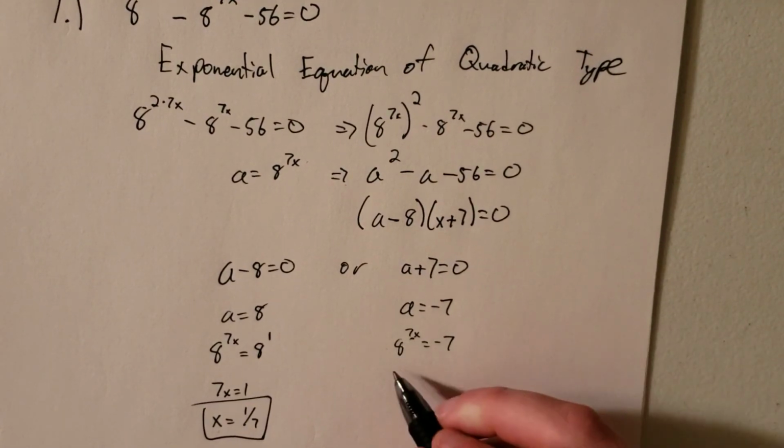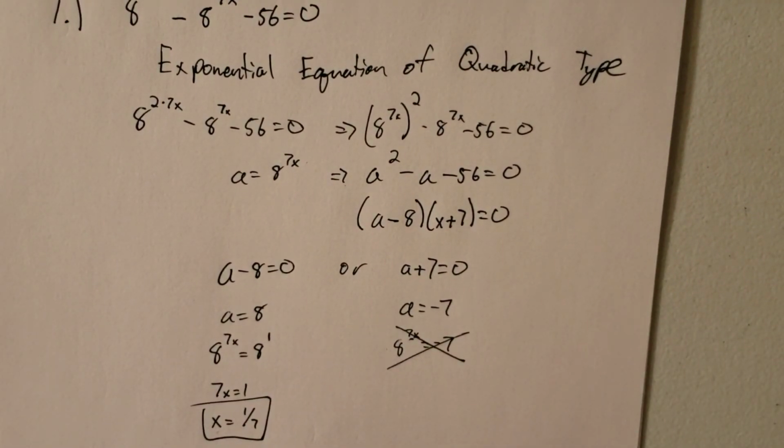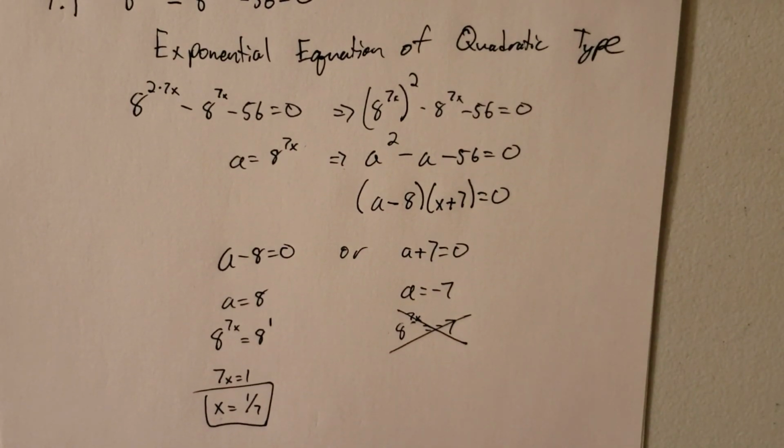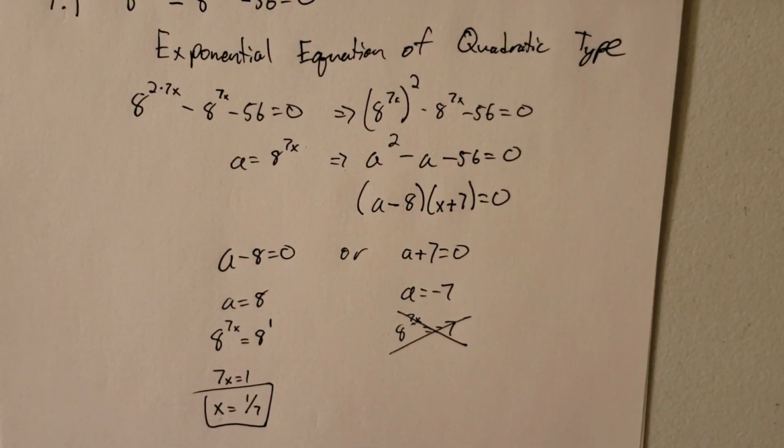So this can never happen. So in fact, our only solution is x is equal to 1/7. And that's it for this video. Again, we'll have a second video covering the second half of section 4.5.